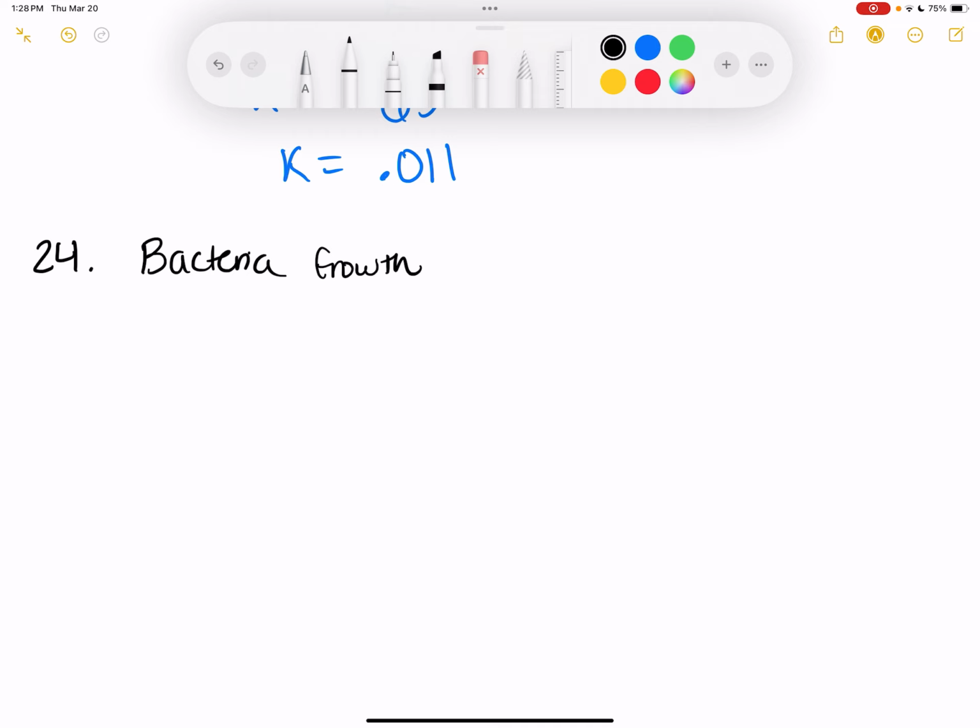A colony of bacteria is grown under ideal conditions in a laboratory so that the population increases exponentially with time. At the end of 3 hours, there are 10,000 bacteria. At the end of 5 hours, there are 40,000 bacteria.